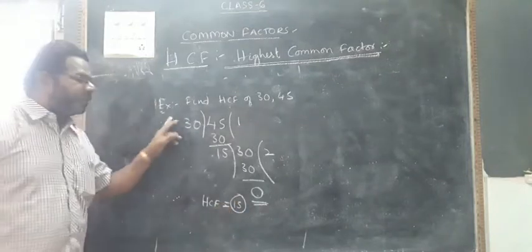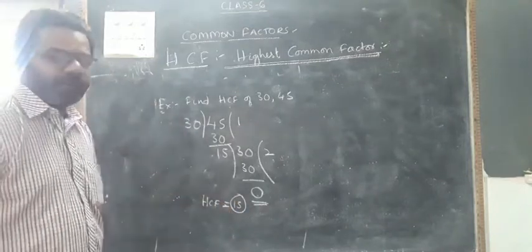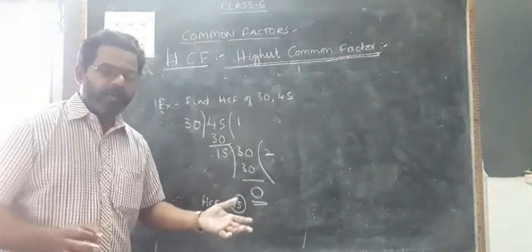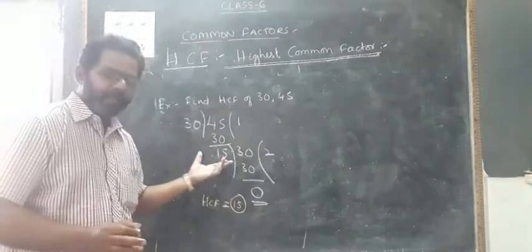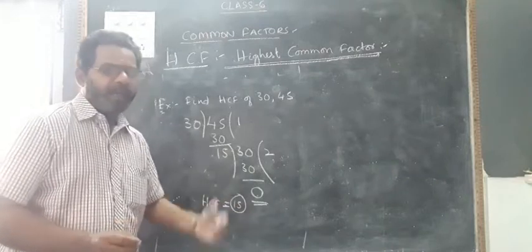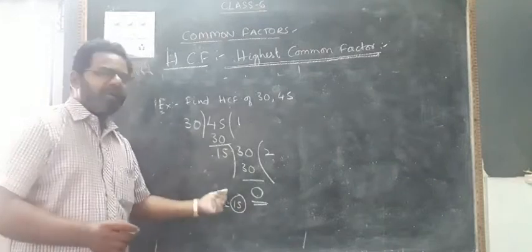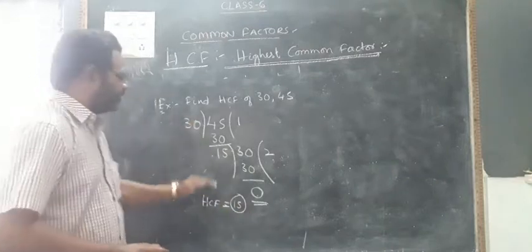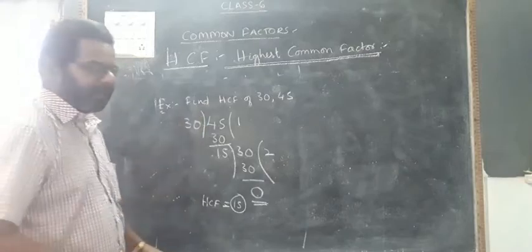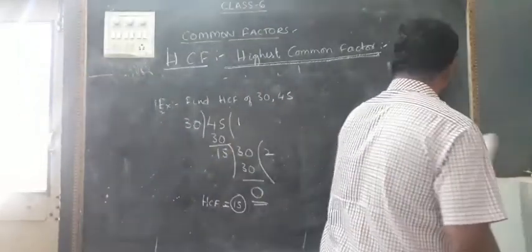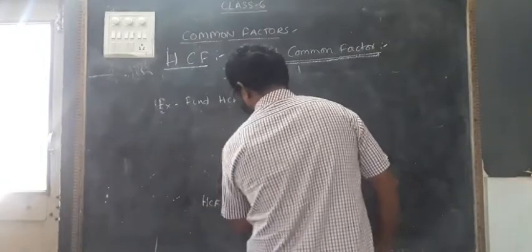For bigger numbers it is very useful. Easily we can do it. No need to find factors, no need to multiply. Directly we can write the answer. Understand? This is called the division method. In this division method, we can find the HCF of any two numbers or any three numbers. Okay.